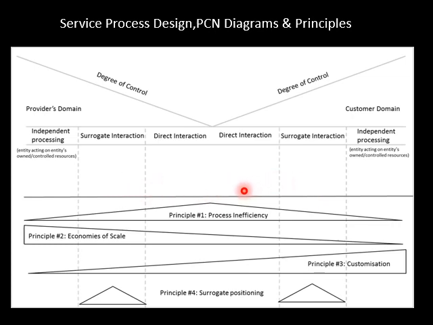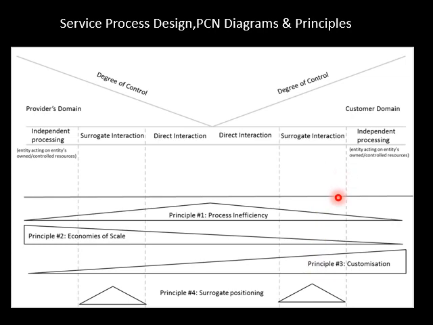So the direct interaction, and then some of you will probably prefer surrogate interaction. This extends to, do you want to talk to your parents directly, or would you rather message them using WhatsApp? It buys you a bit of control. It gives you some customization of when you respond. You get time to think about that.